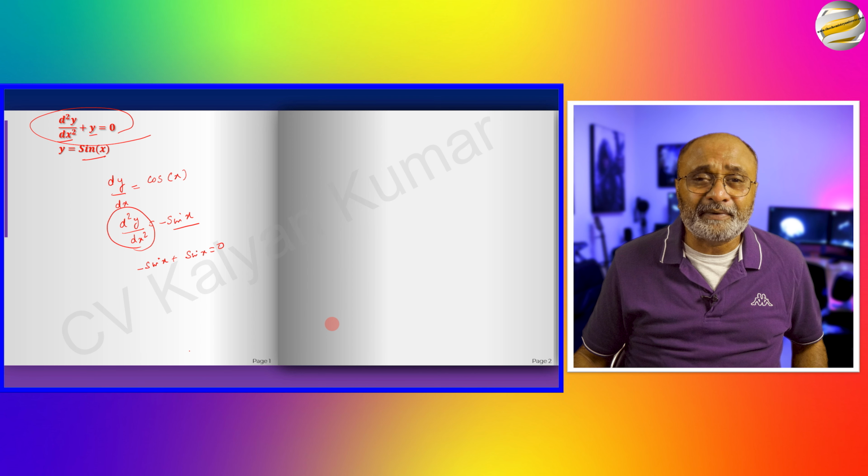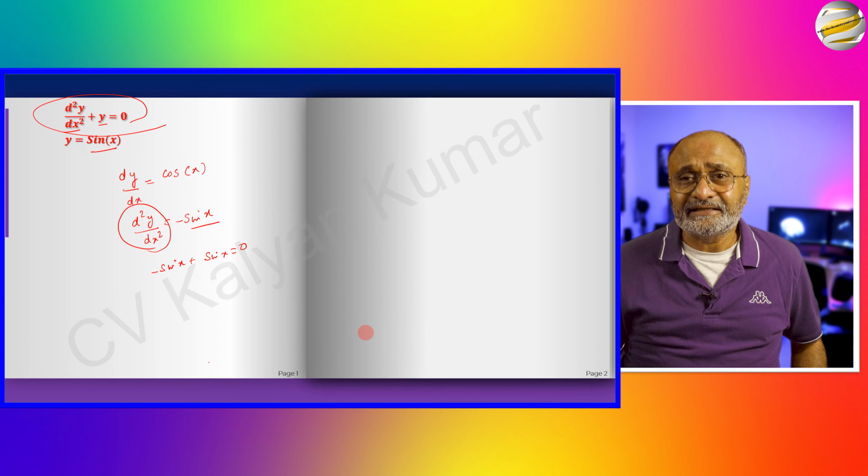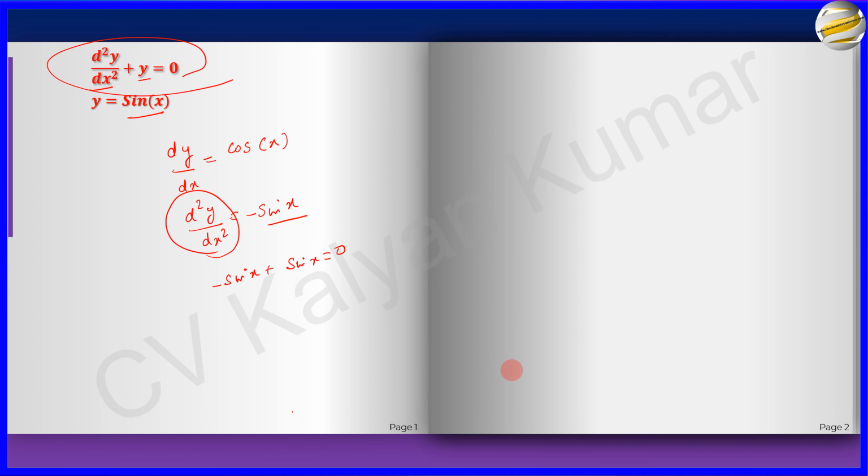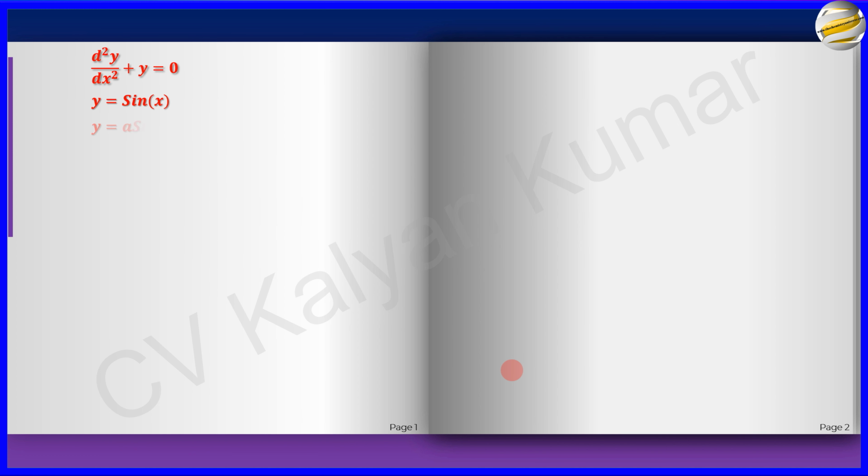Now if we multiply this with a constant, that also becomes a solution of this equation. Let me show you how. If I were to do y is equal to a sine x, even this will satisfy this equation. How? dy by dx, a is a constant, so it's not going to matter. So it's going to be a cosine x.